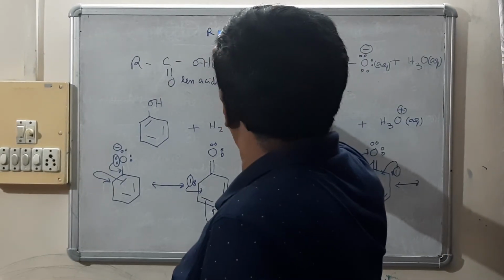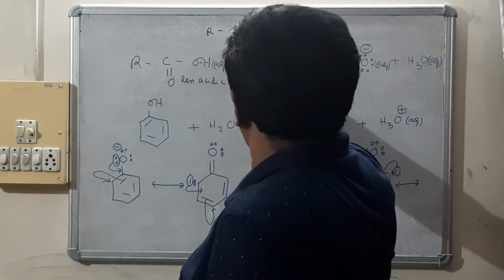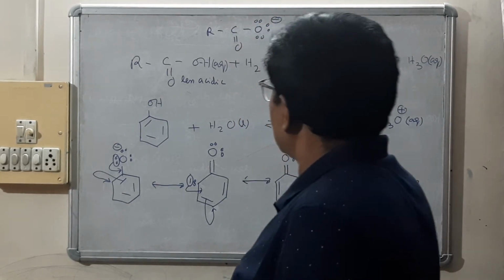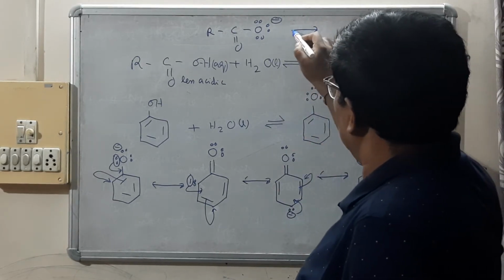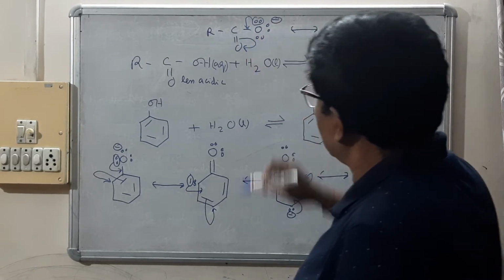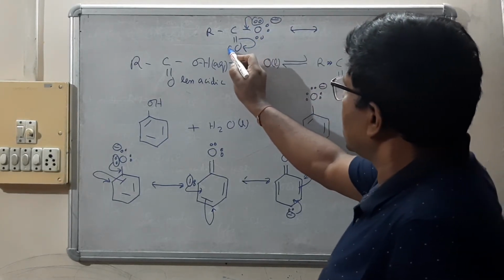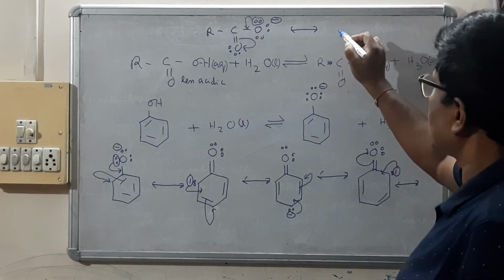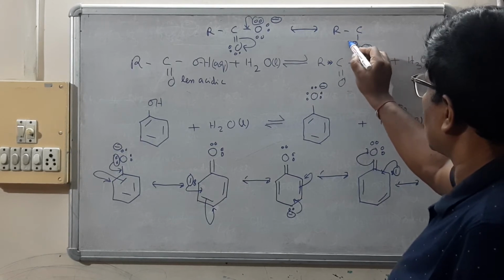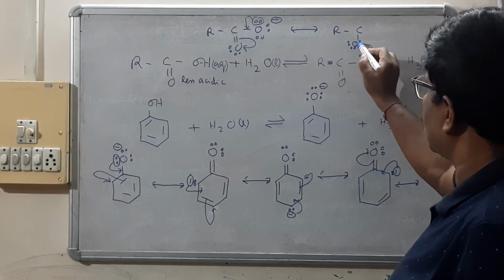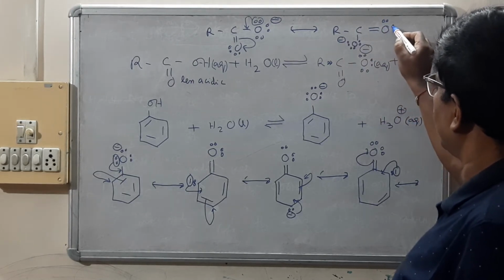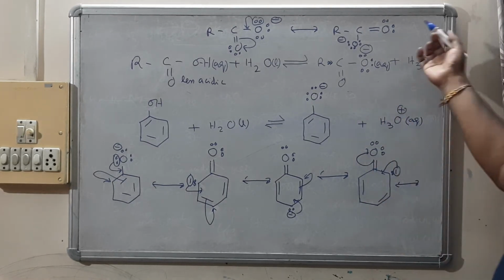It is R, C double bond O. So what will happen is the lone pair will come here and this one will move; previously there were two lone pairs, so now there will be three lone pairs here and a negative charge, and here it will become a double bond, and we will not get any more structures.